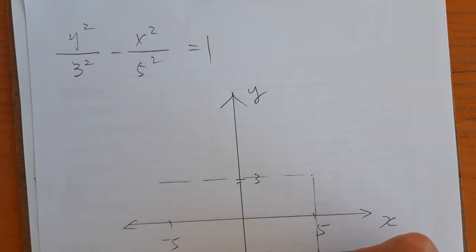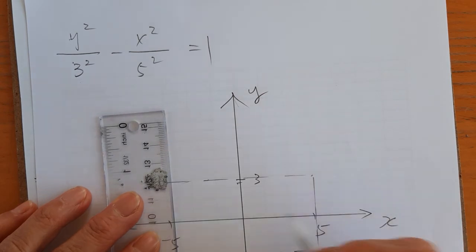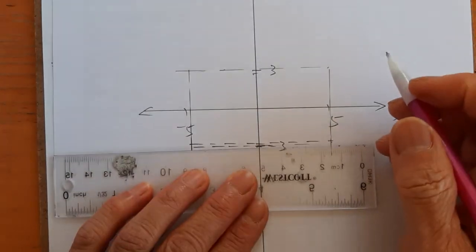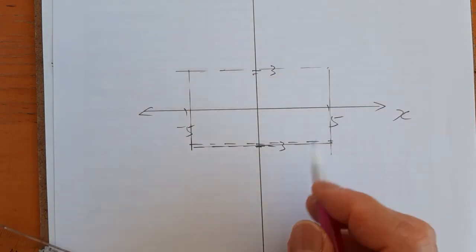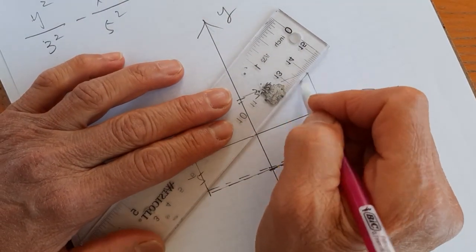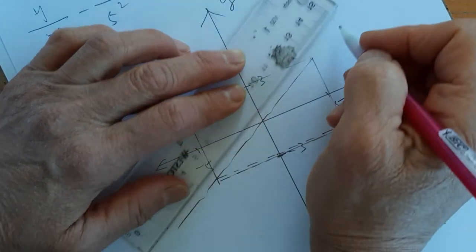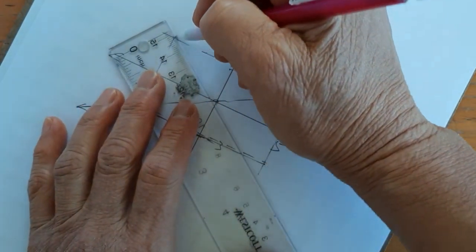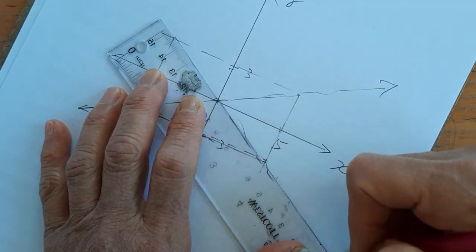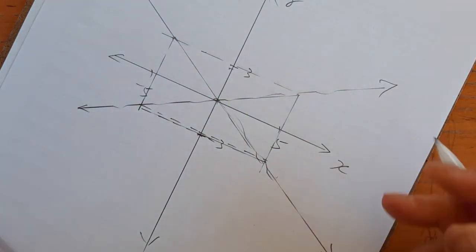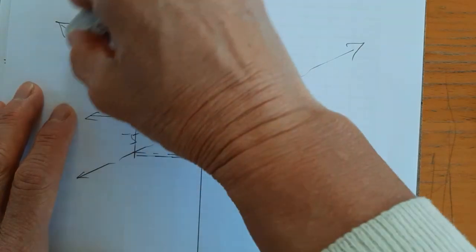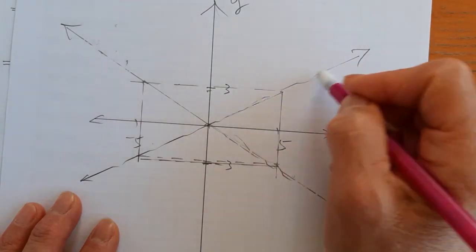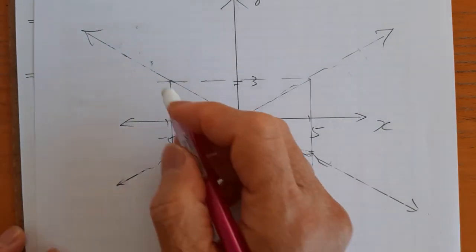It just helps you draw the asymptotes. It's not part of the graph of the equation. Then connect corner to corner, through the origin, and get the asymptotes. The other diagonal also corner to corner, using dashed lines, and you get the two asymptotes. Those lines are dashed, broken lines, because they're not part of the graph. You have to show this rectangle box.